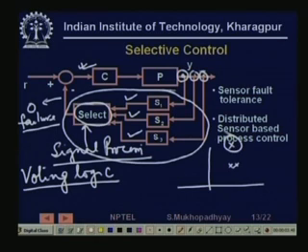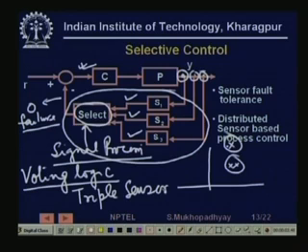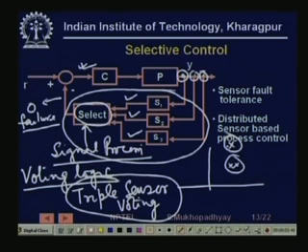In which case the third one's value will not be used in control. It will be cut out and only the average of these 2 will be used. This is called triple sensor voting, and it is often applied in various critical control loops. By doing this you can achieve a certain degree of sensor fault tolerance.